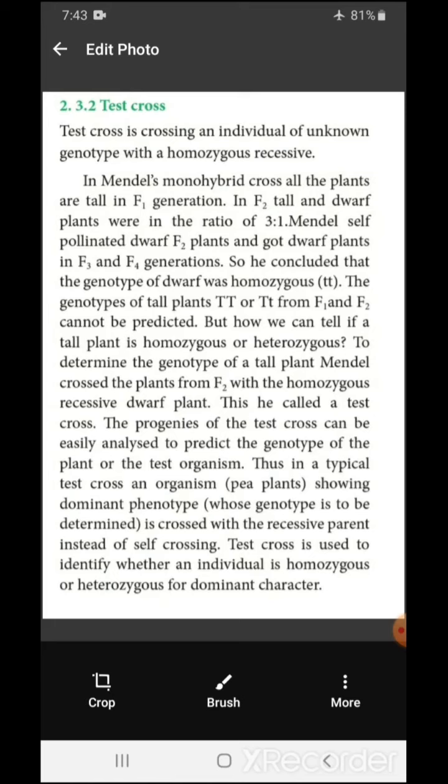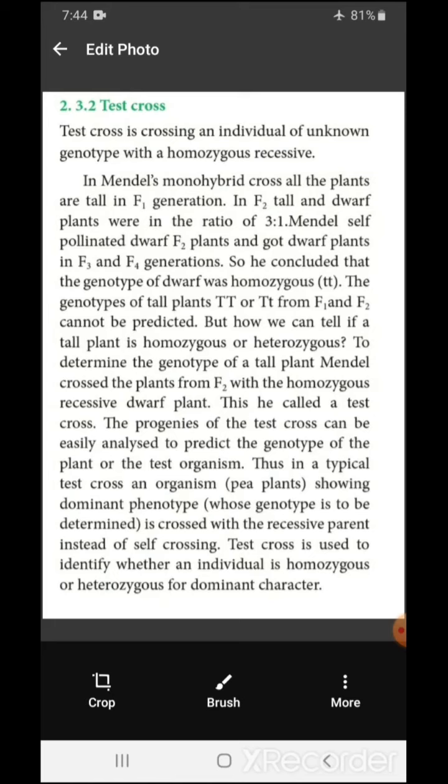But how can we tell if a tall plant is homozygous or heterozygous? The tall plant is either homozygous or heterozygous. We didn't know the genotype; we only find out the phenotype. Morphologically, it is tall. Capital T capital T produces tall, and capital T small t also produces tall. But we didn't know the genotype.